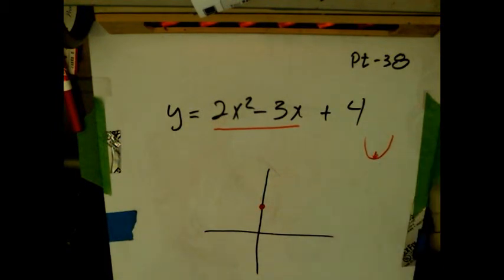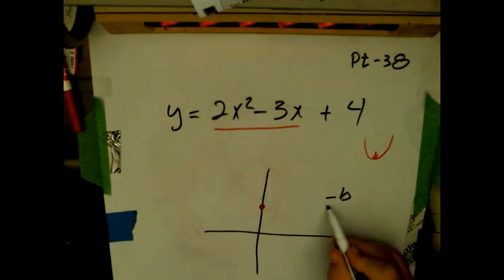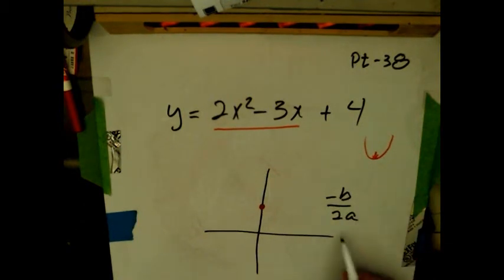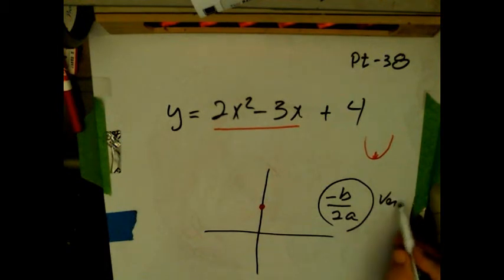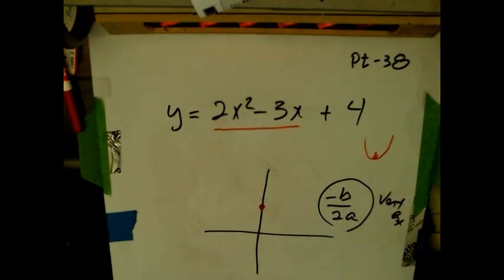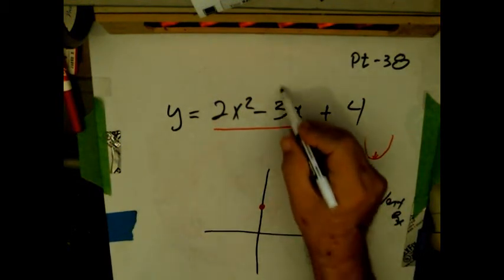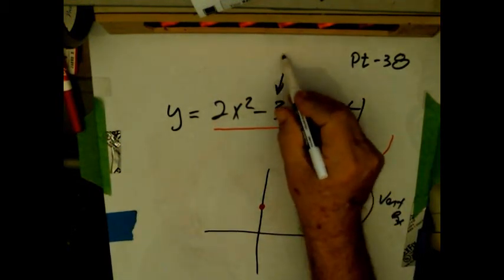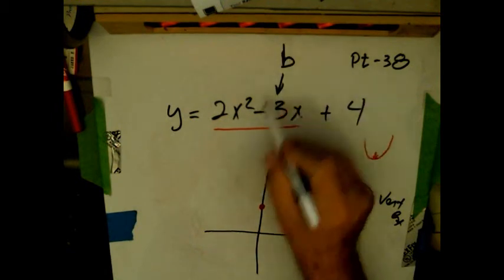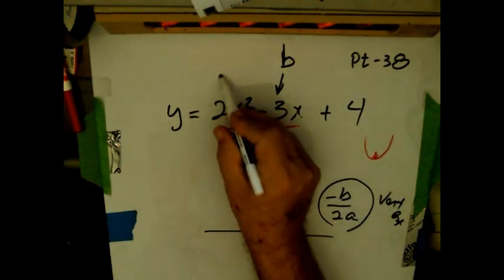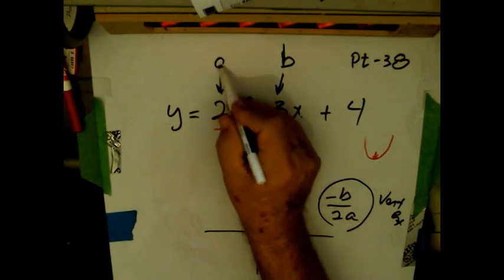So part of the quadratic formula is minus b over 2a. And that part of it determines the x value of the vertex. So minus b, what's b? This term right here with the x is b. The a is the coefficient of the x squared term.